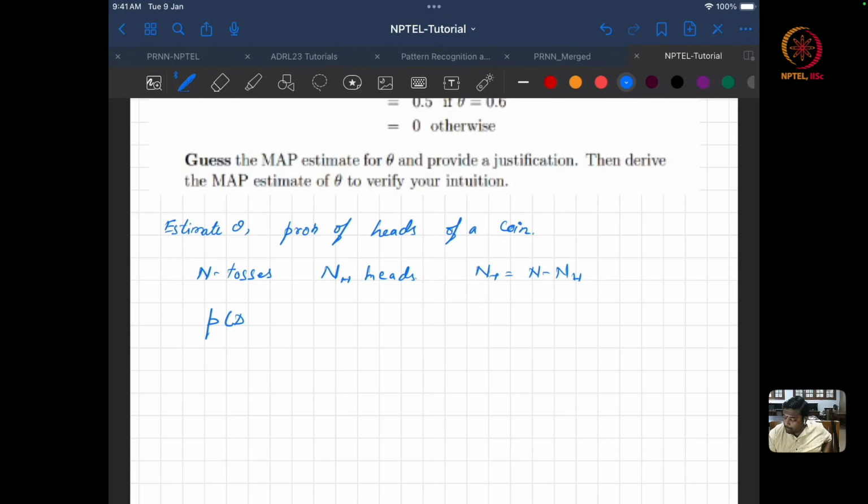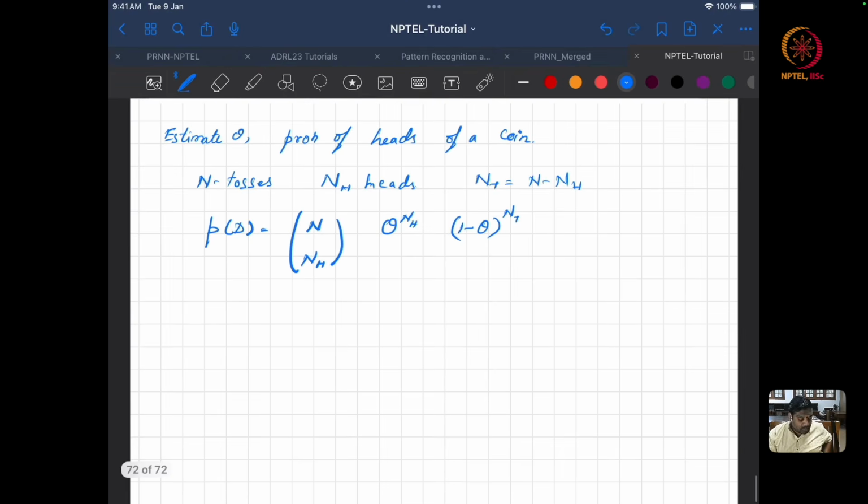Then P(D) equals n choose nh, theta to the power of nh, and (1 minus theta) to the power of nt. Now this is our binomial distribution.